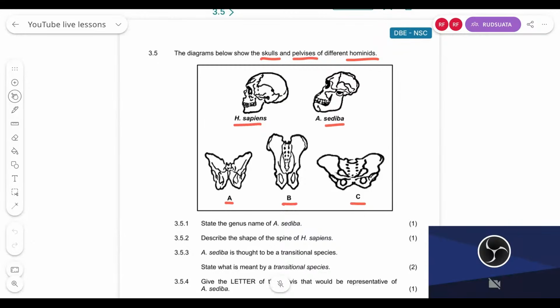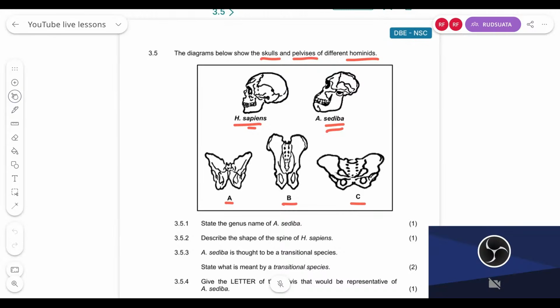So what we're going to then dive back into is the question, and I want you to prepare the question. In other words, we already know that this is sediba and sapien, but we also don't really know who these pelvises belong to. Already, I should be able to determine an order of pelvises, like from most to least developed, or most like a human, least like a human.